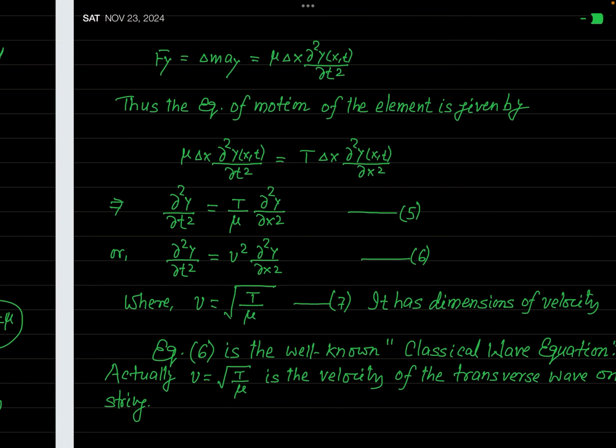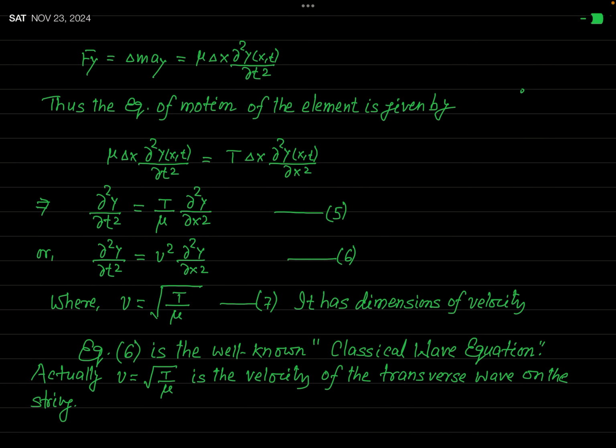And if you treat this element just as a point for showing its free body diagram, then it suffers a displacement y of xt in y direction. So what will be its acceleration? When you differentiate this y two times with respect to t, you get the acceleration of this element.